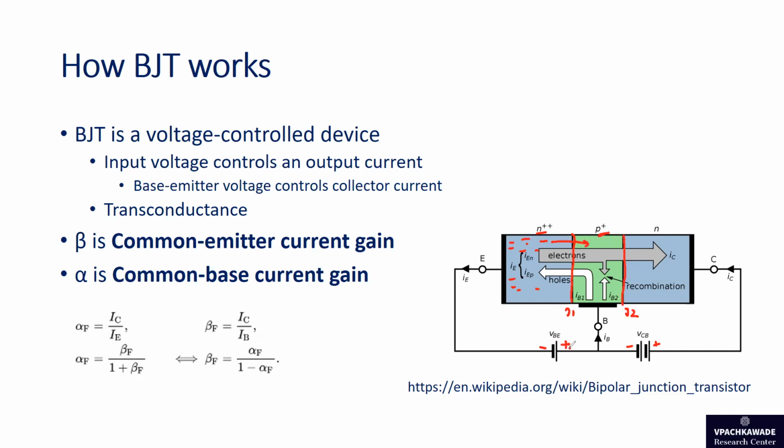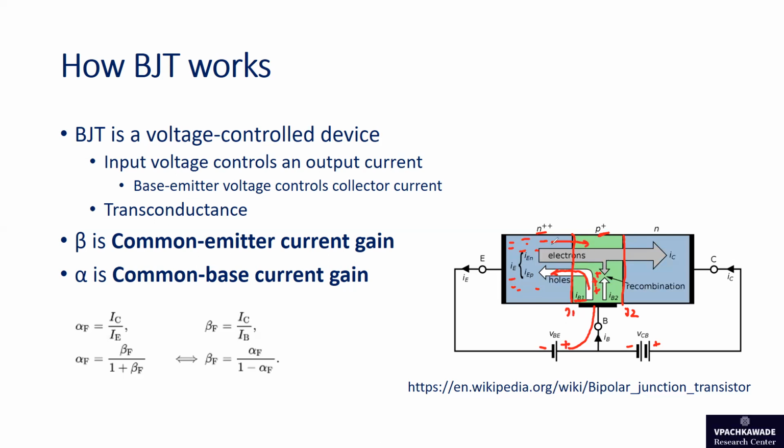Similarly, this positive voltage applied to the base exerts force on the holes present in the P-type material, and they push to the emitter region. So this current is called IB1, due to the holes traveling from P-type material to the N-type material, that is from base to emitter.